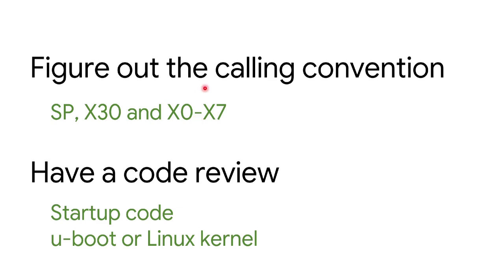If you understand the calling convention, you will see that assembly blocks are organized based on specific patterns. In the beginning of a subroutine, you're going to see a pattern: push the value of the X30 register on the stack, and then copy the argument registers X0 to X3 to other registers, because arguments are passed using these argument registers.